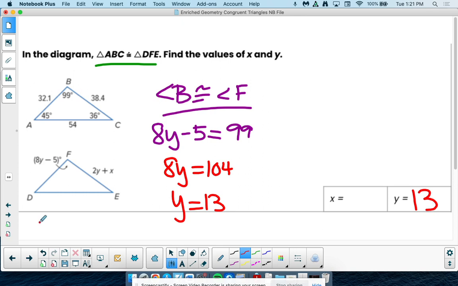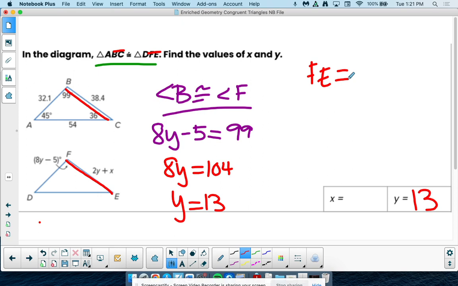Okay, so if y is 13, does anyone have a plan for us to find x? Yeah, we'll have to plug it in, but that's okay. So I'd probably have to use the side FE. What does FE match? BC, right? So here's FE, there's BC, so they're in the same spot. Perfect.